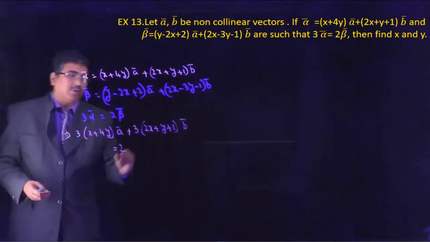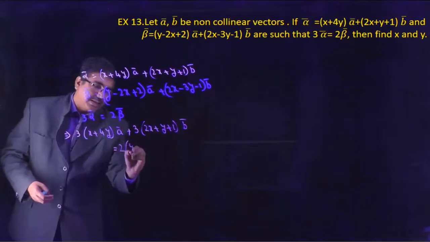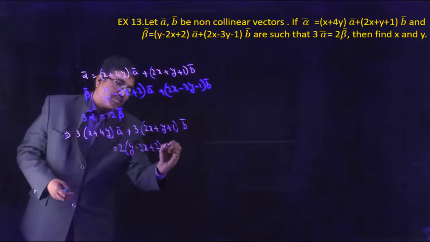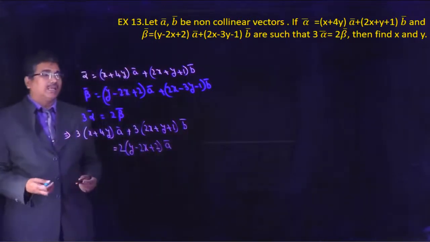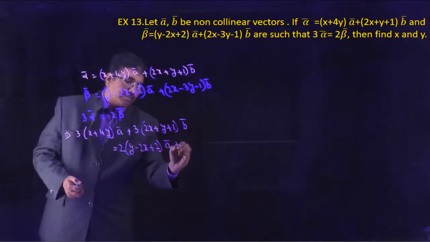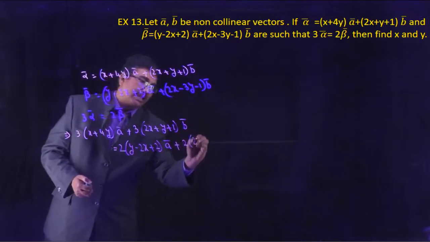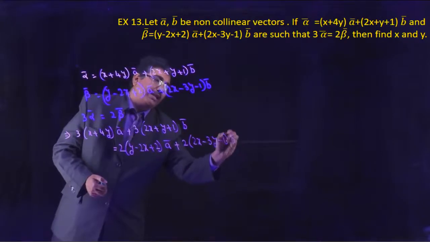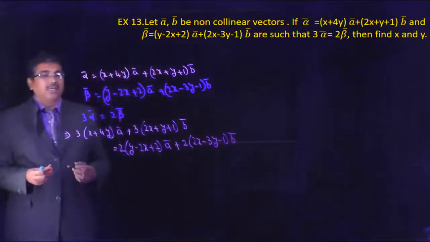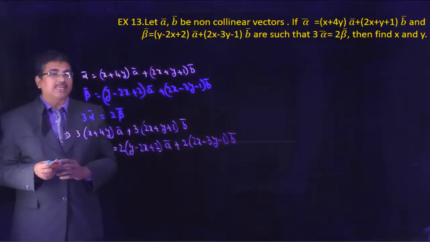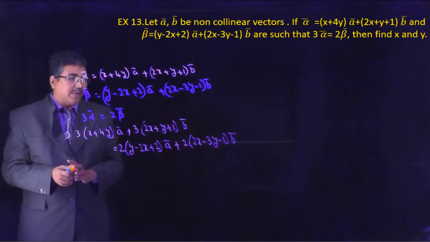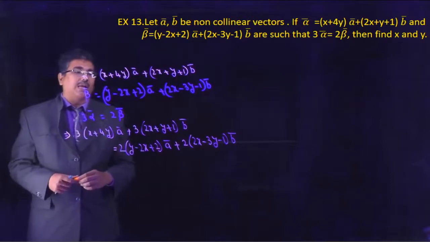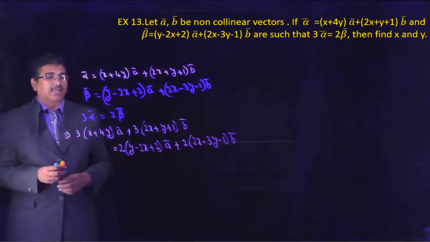Beta bar is equal to (y minus 2x plus 2) A bar plus 2 times (2x minus 3y minus 1) B bar. Substitute the vectors alpha bar and beta bar in the relation 3 times alpha bar is equal to 2 times beta bar.